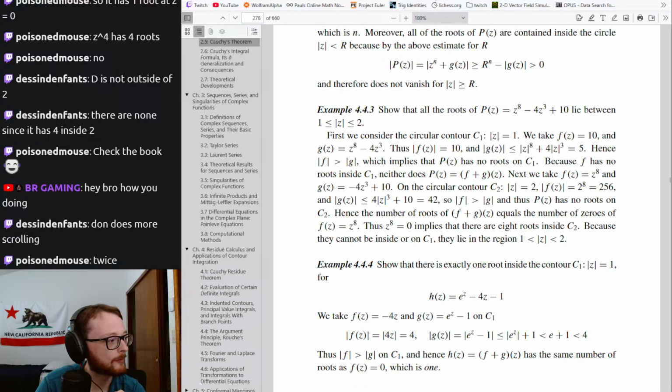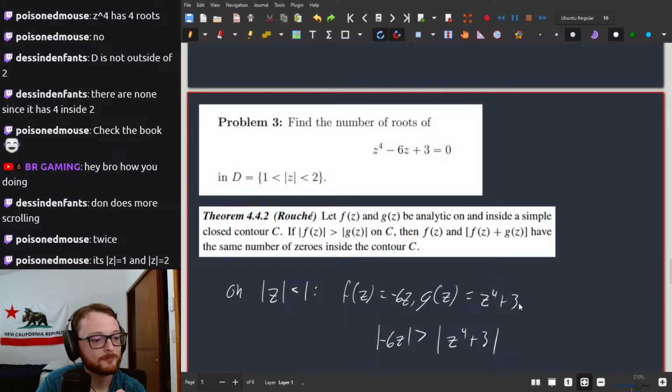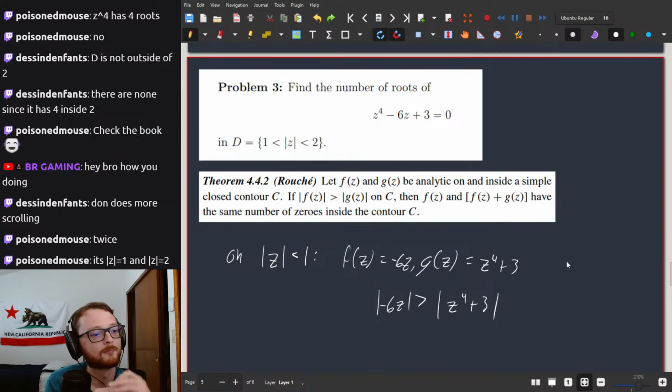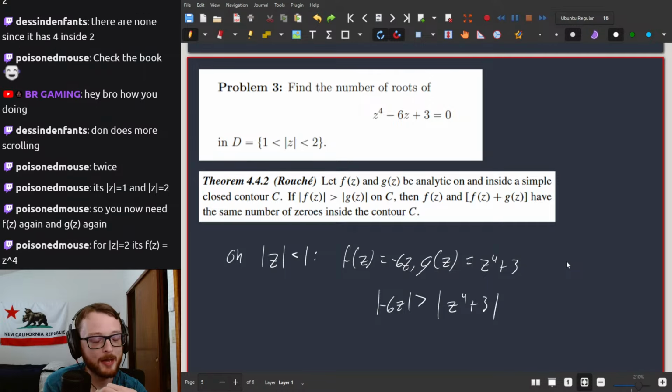We've only done it once, that's not enough. And so I'm starting to care less and less about actually doing it, but I know what you would do, which is just find a new f of z and g of z.